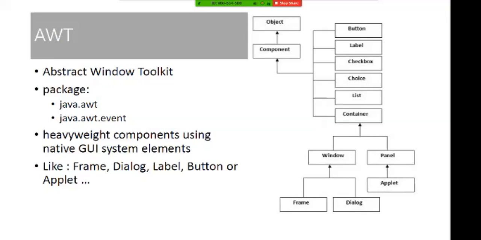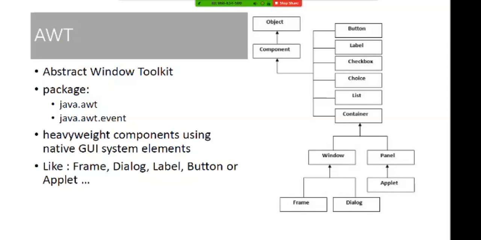Another kind of object is known as window, panel, applet, frame, dialog. These are not directly related to input and output from the user, but we can put our controls in them, like label and checkbox. So it is a collection of controls, like a container.